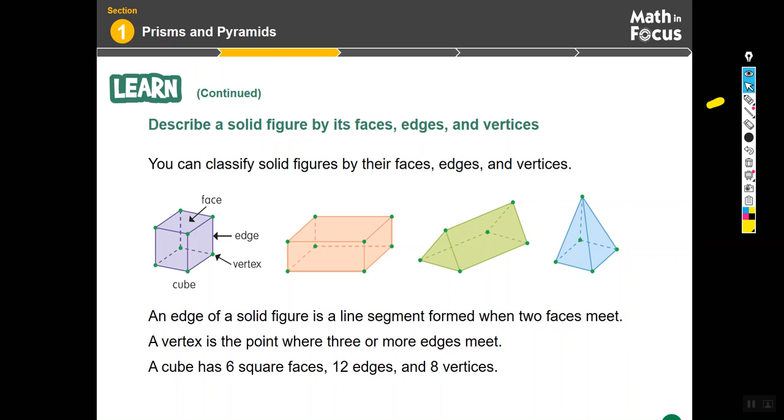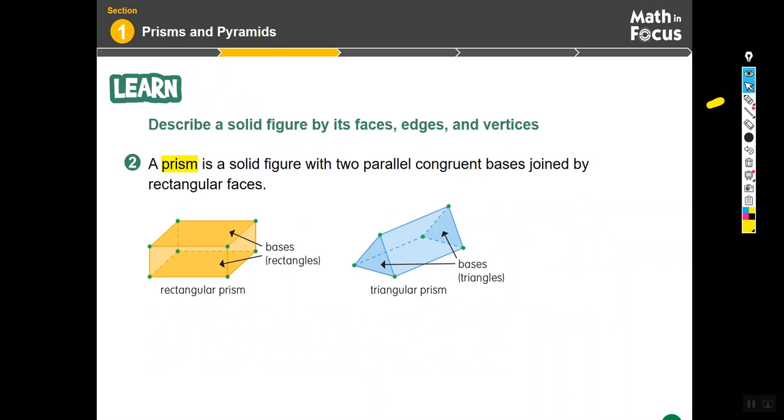A cube has 6 square faces, 12 edges, and 8 vertices. Similarly, the rectangular prism also has 6 faces, not square faces, 6 faces, 12 edges, and 8 vertices.